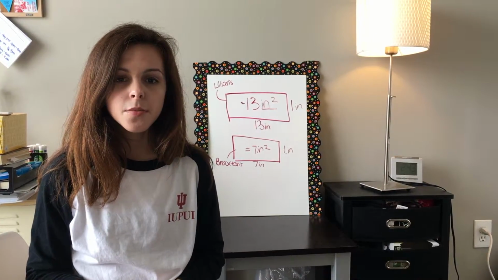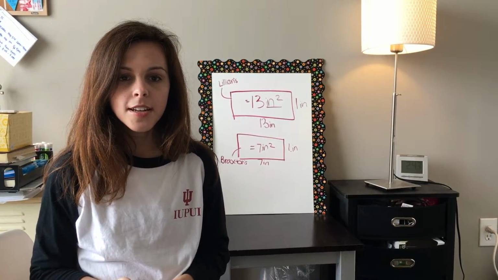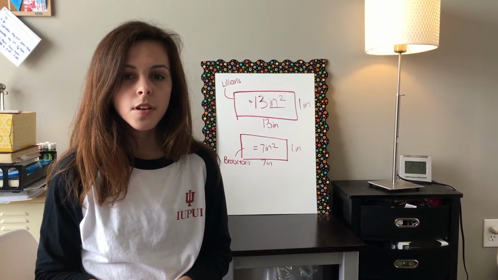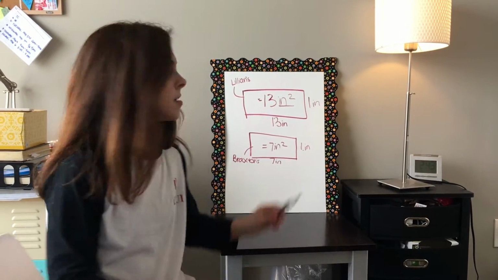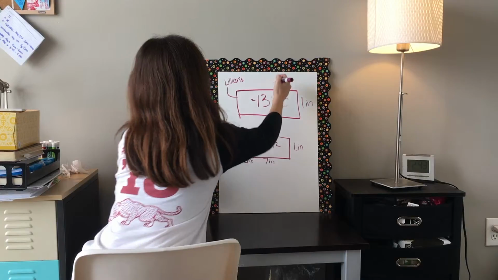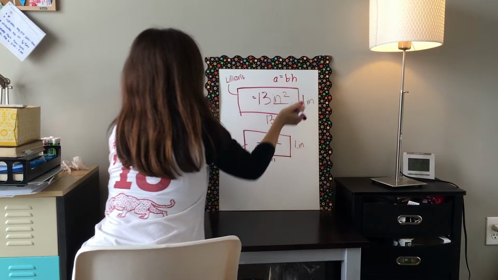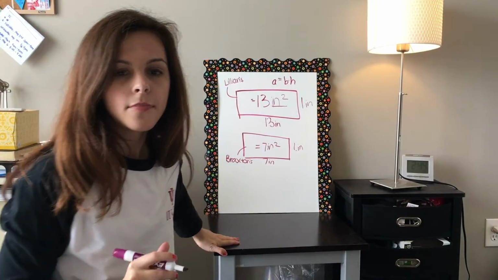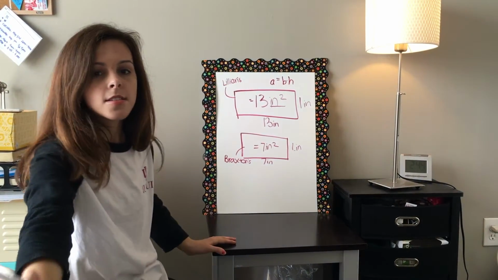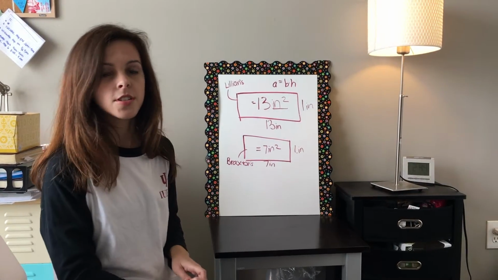To compare areas, we need to find out how big the first area is. To find out the area of the rectangle, what you do is you take the base multiplied by the height. So this is 13 inches multiplied by 1 inch, which is 13 inches squared.